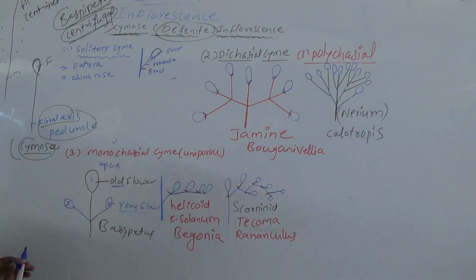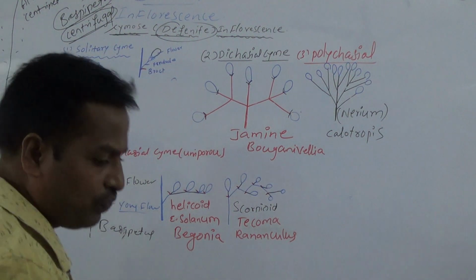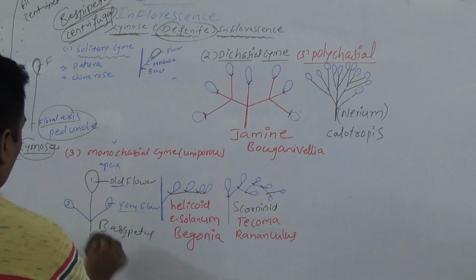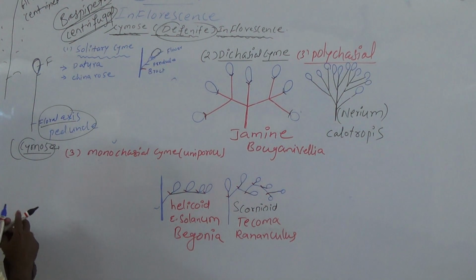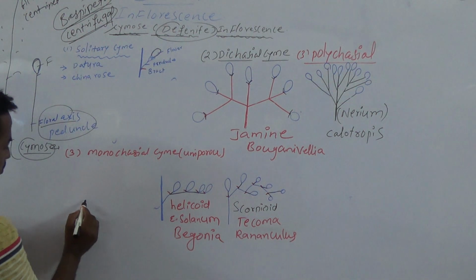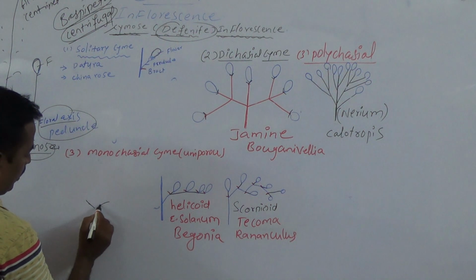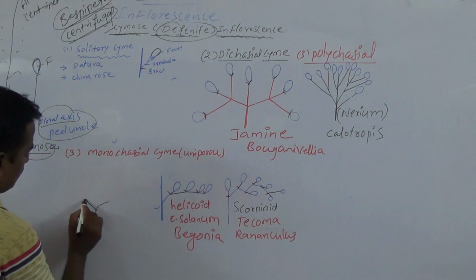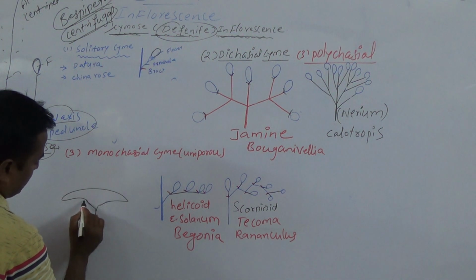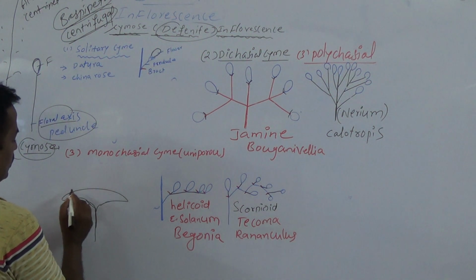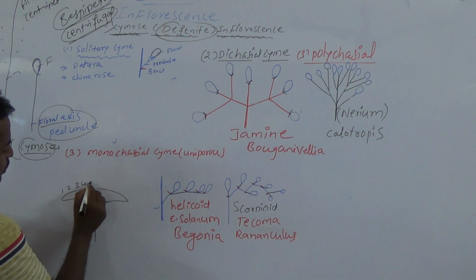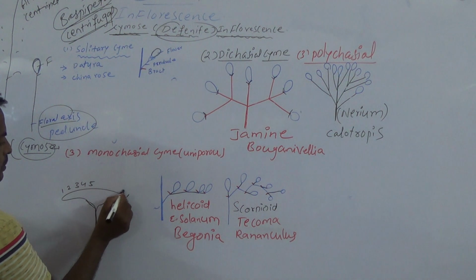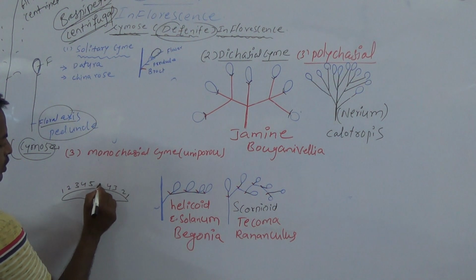The second one is centrifugal. What is centrifugal? This is the axis. The first flower, second, third, fourth, fifth, and again first, second, third, fourth, fifth.